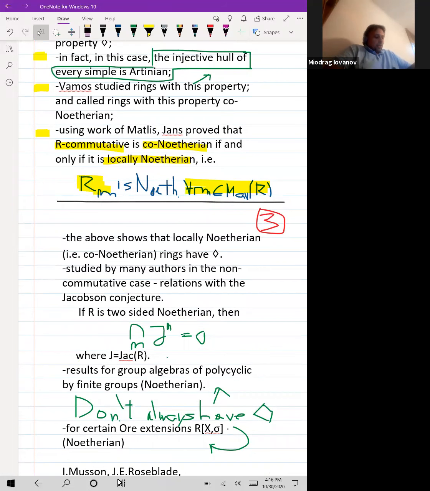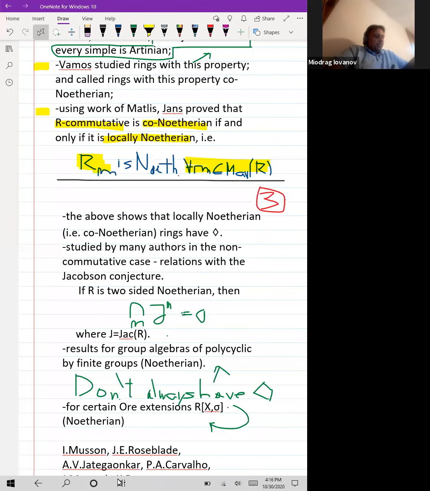So the above shows that locally Noetherian, meaning co-Noetherian rings, do have property diamond, because if their injective hulls are Artinian, then of course they are locally finite.